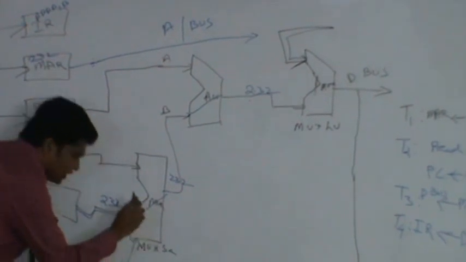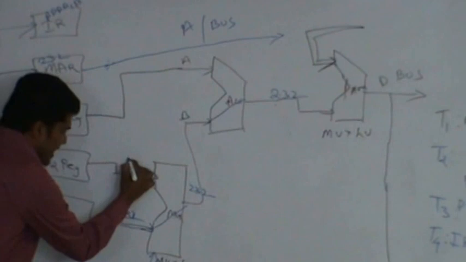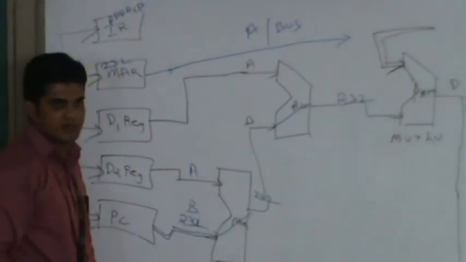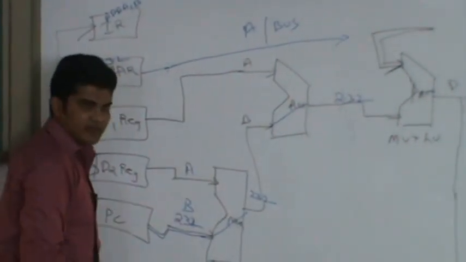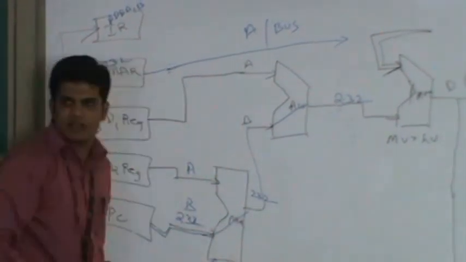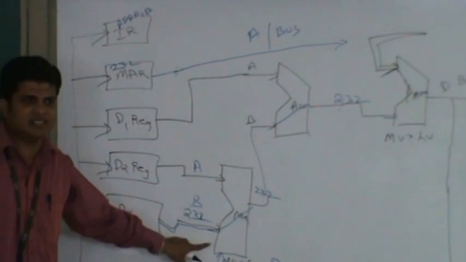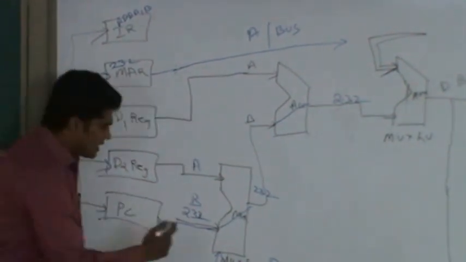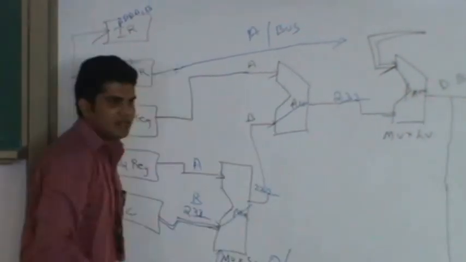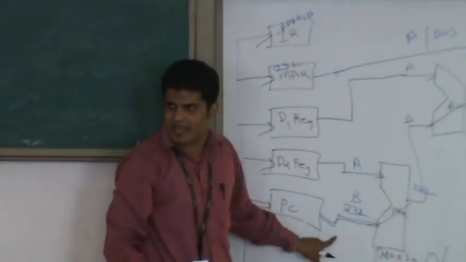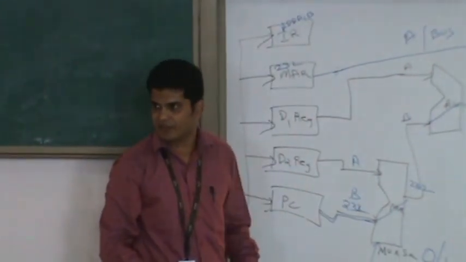We will have one control line bit because there are only two inputs, A and B. If A is selected, we will put it as 0. If the bit is 0, then the data from A is selected. Otherwise, if the input is 1, the data from line B is selected.